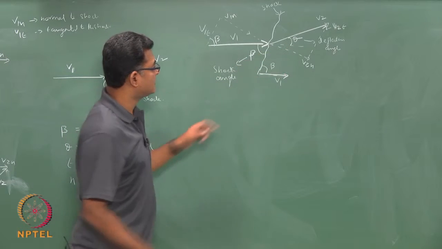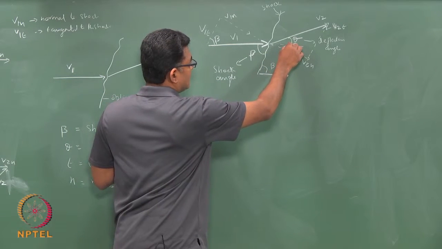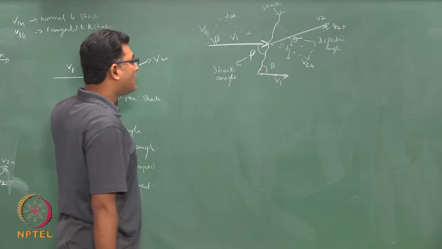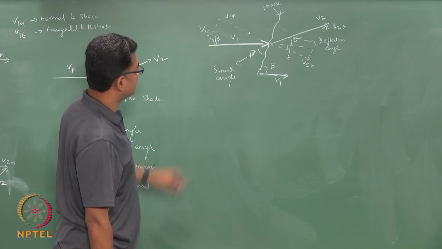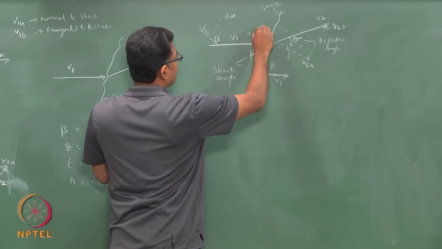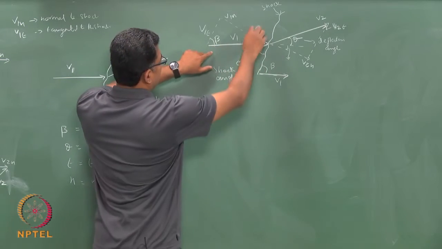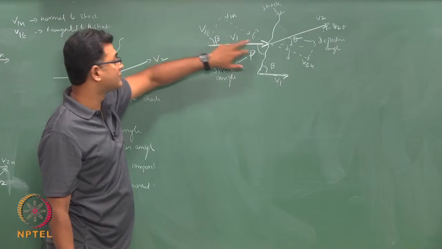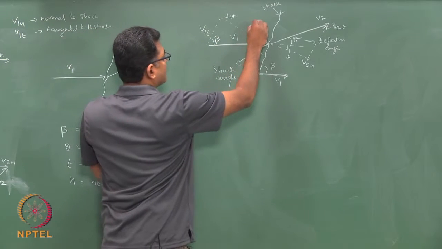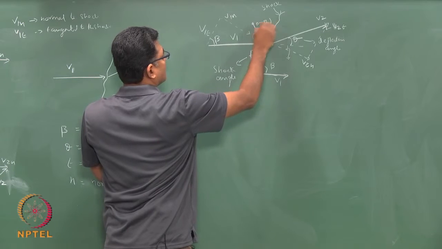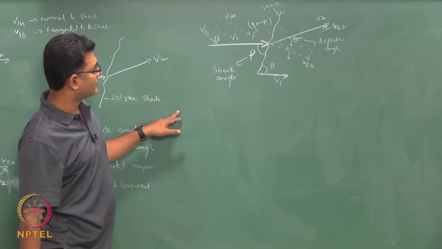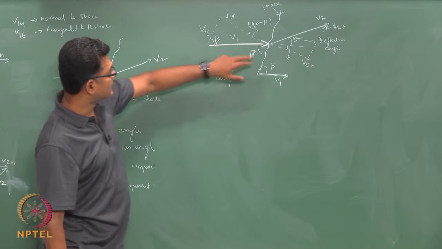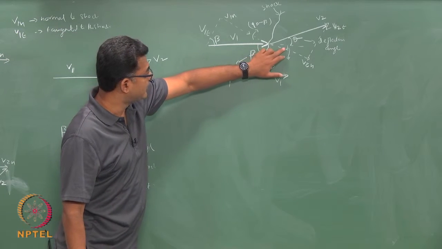So, this angle would be 90 minus beta. So, this angle is 90 minus beta, okay, which is same as this angle.